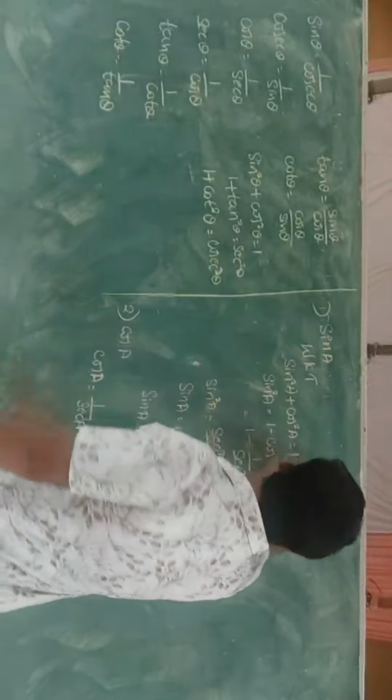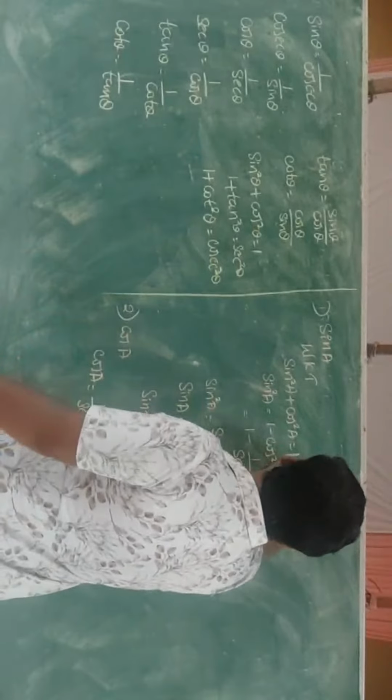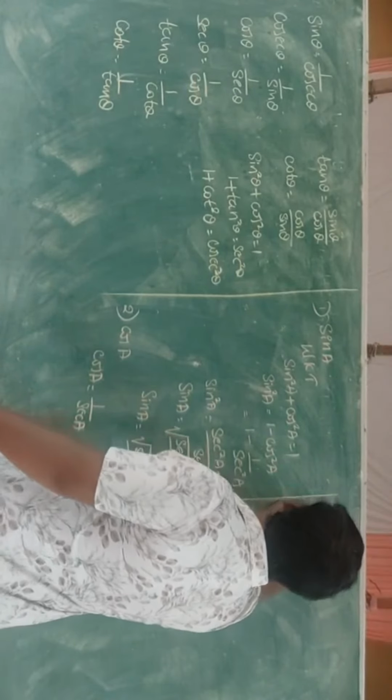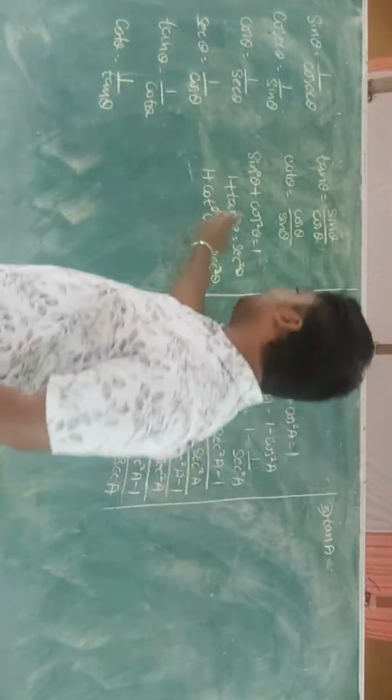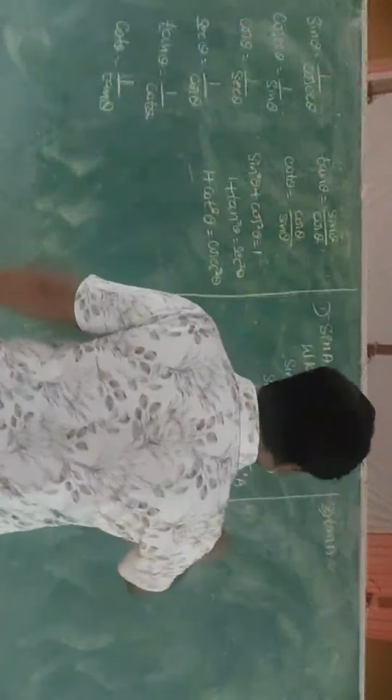The third one, tan. Tan A is equal to, yes, tan A. We know the relation: 1 plus tan square theta is equal to sec square theta.